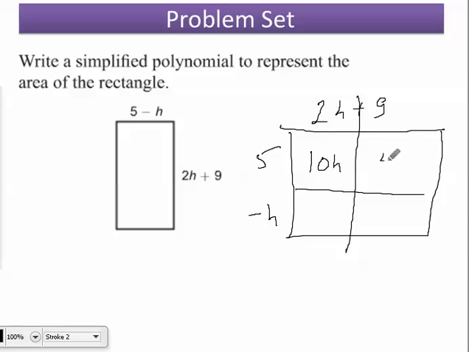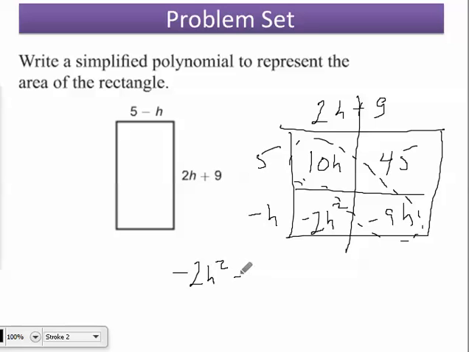I'm going to get a 45. I'm going to get a minus 2h squared. And I'm going to get a minus 9h. Okay? I want you to notice my like terms are now right here. So I'm going to get minus 2h squared plus h plus 45. That would be the formula for the area of this rectangle.